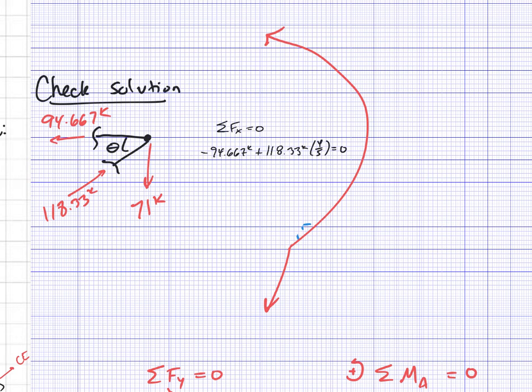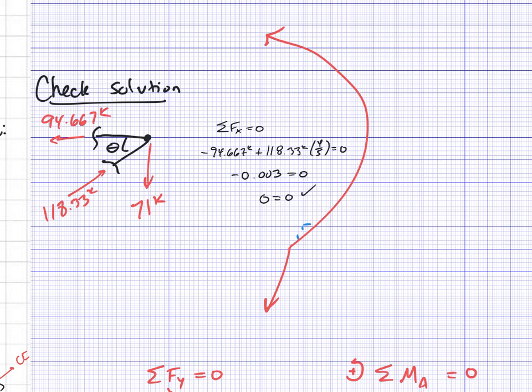I don't know what happened here, but it got all screwed up. Let's try this again. Negative 94.667 plus 118.33 times 4/5, and we get negative 0.003 equals 0. So basically 0 equals 0.